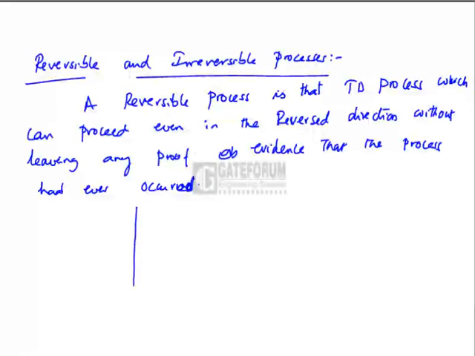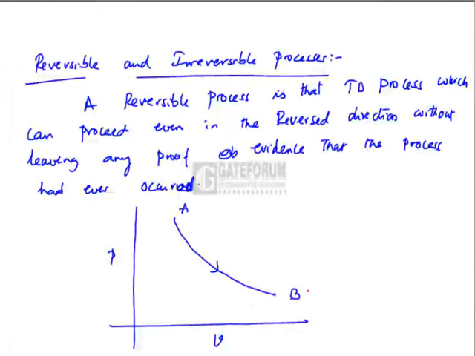For example, if A to B is a reversible process, then after reaching state B, the system could proceed to A along the same path but in the reversed direction without leaving any evidence that the process had ever occurred.